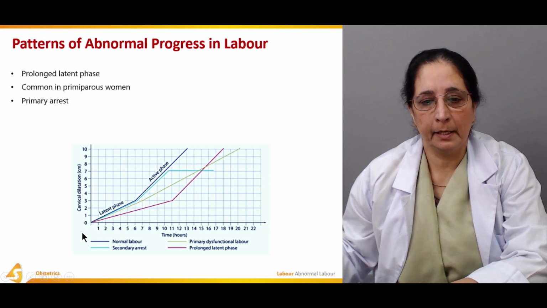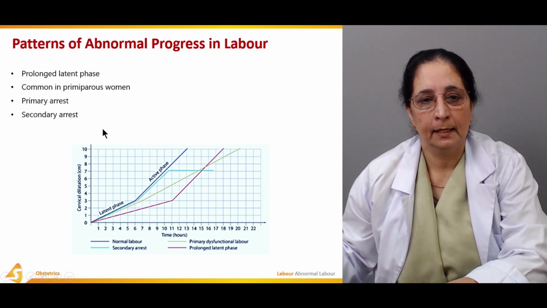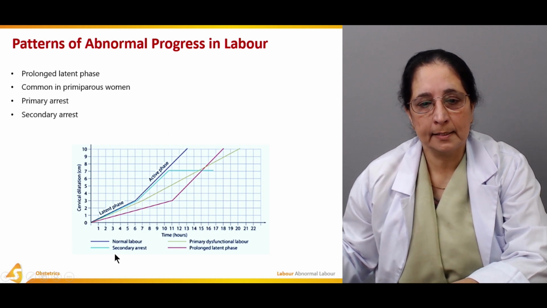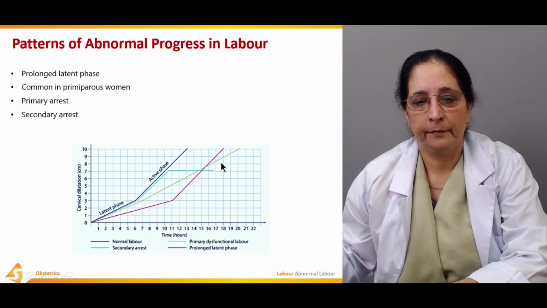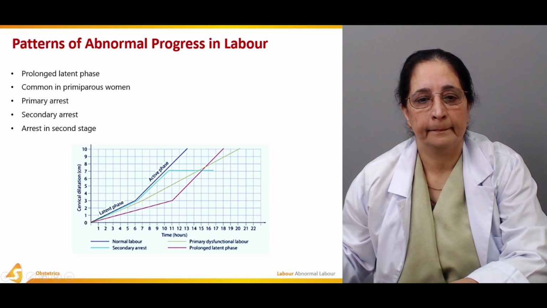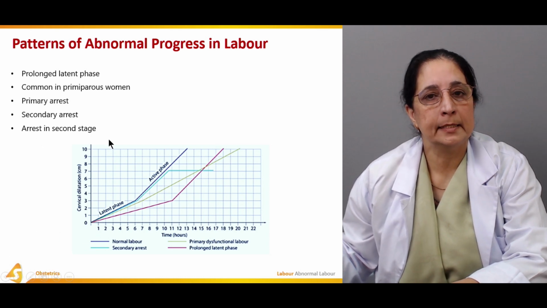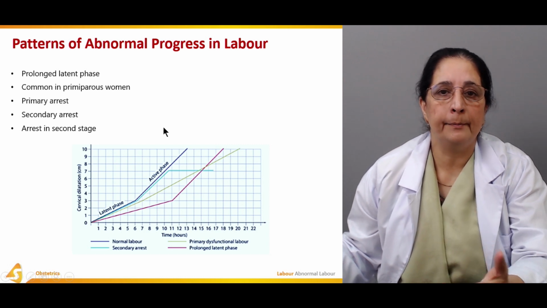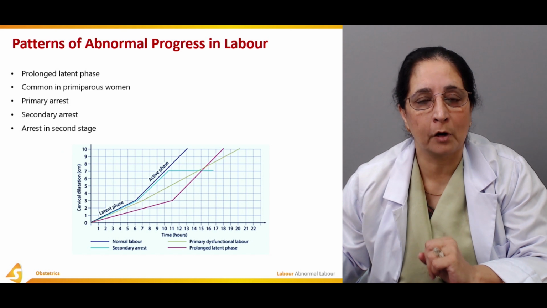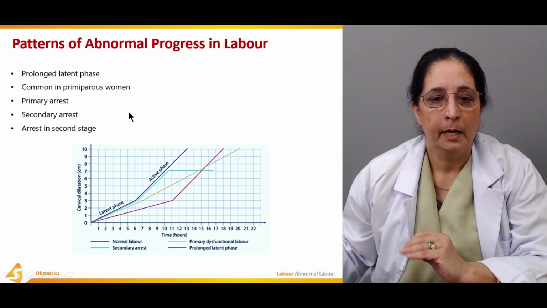There is primary arrest and secondary arrest. This is the secondary arrest here, and then the primary arrest in the first stage. And then there is arrest in the second stage. So all these are different abnormal patterns of progress in normal labor.